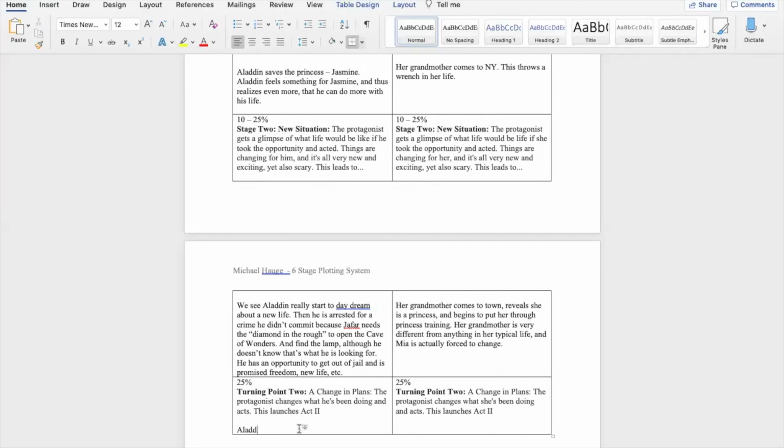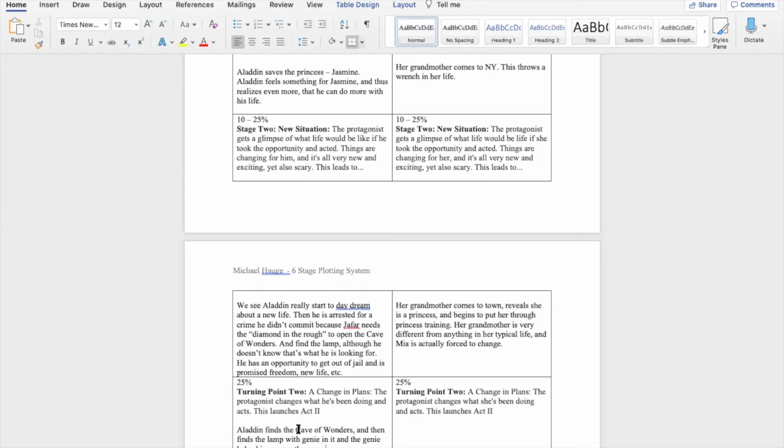So for Aladdin, he finds the Cave of Wonders and then finds the lamp with the genie in it, and the genie helps him escape.